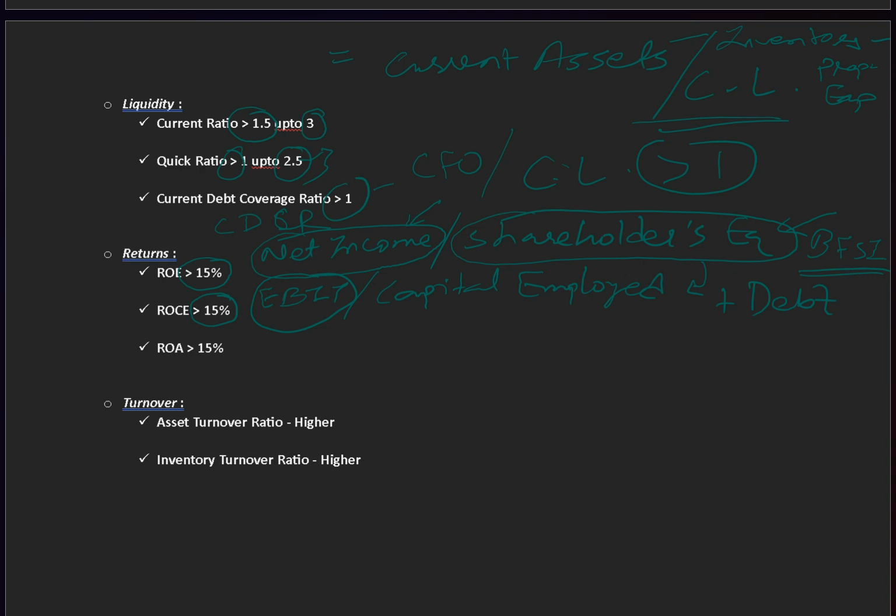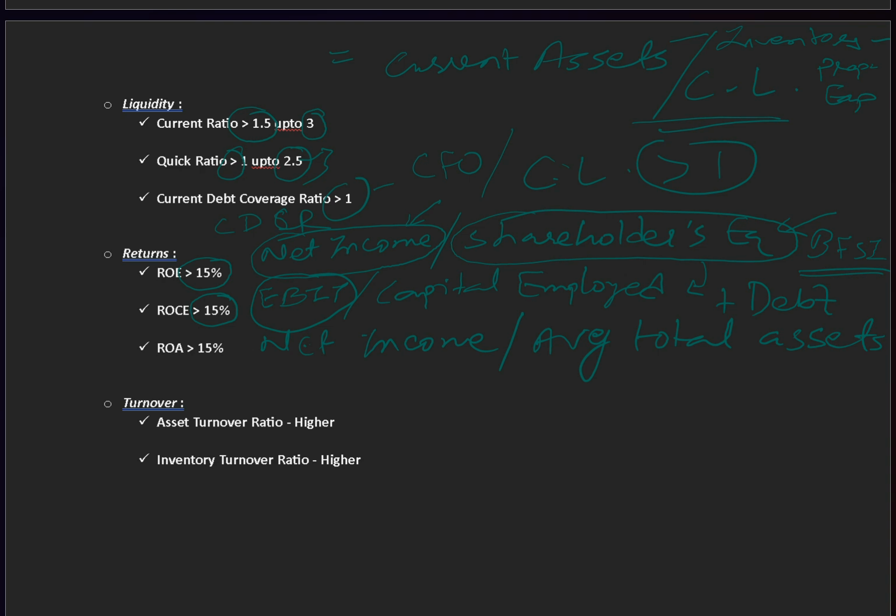Next is ROA. Again, the formula consists of net income divided by average total assets. Now, what is the average total assets?